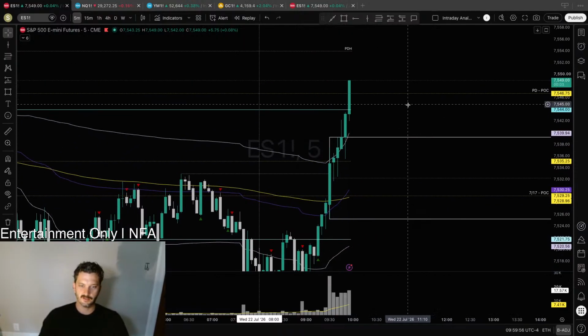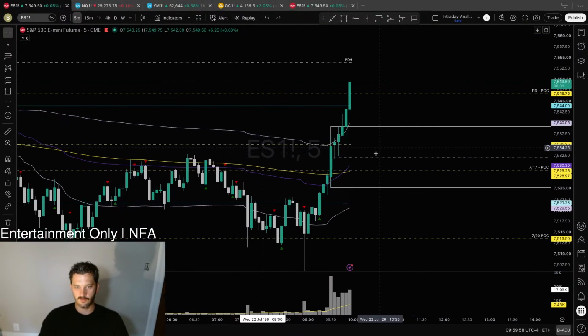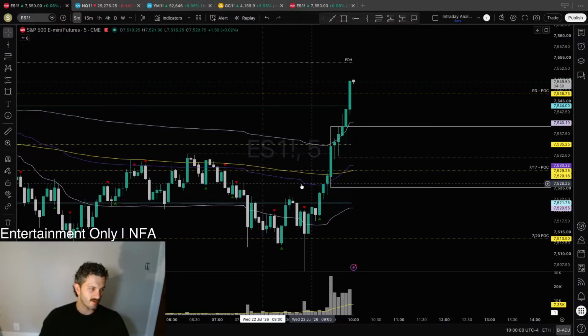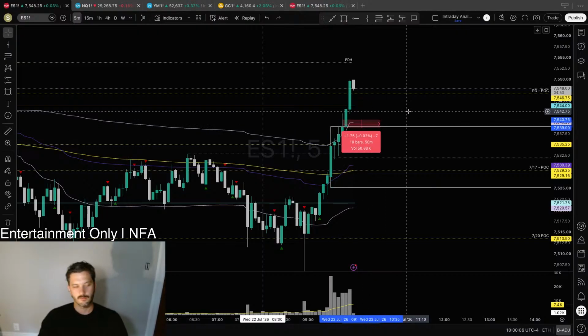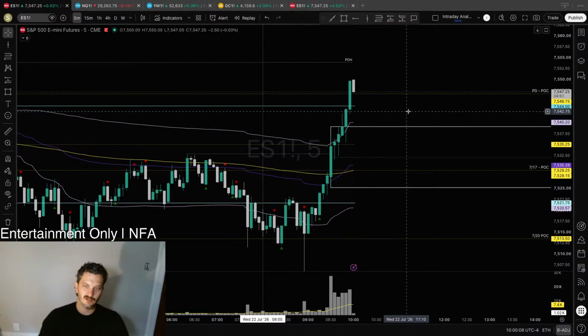I would wait for the retest because right now, if we're looking at our VWAP here, we're overextended past our 1 standard deviation band, which is right here. Price usually tends to sit within that area. If it pushes a little bit too far past, it'll come back and retest it. Now, there are some days where it just forks up and that's it.